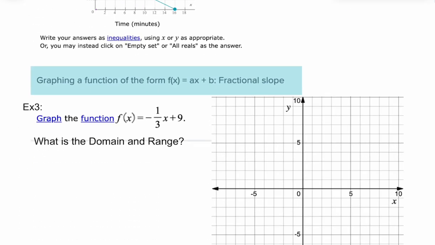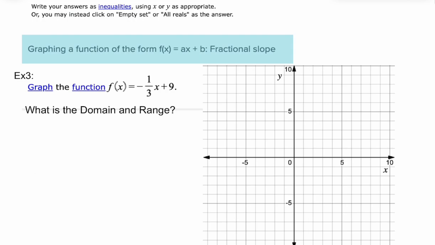Okay. So here it says to graph the function f of x equals negative 1/3 x plus 9, and what is the domain and range? We know how to graph that. You can even think about that in slope-intercept form.